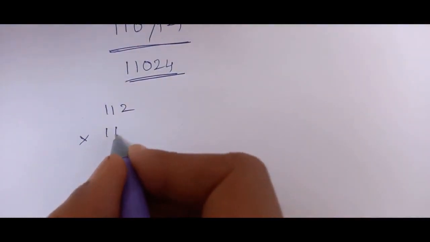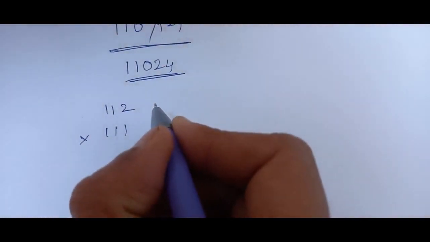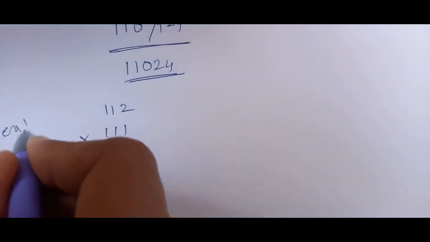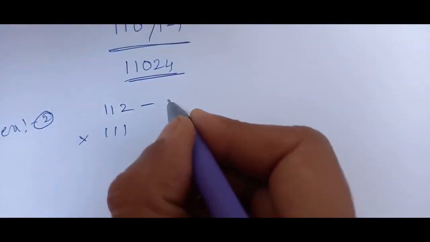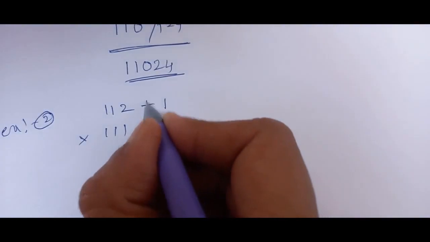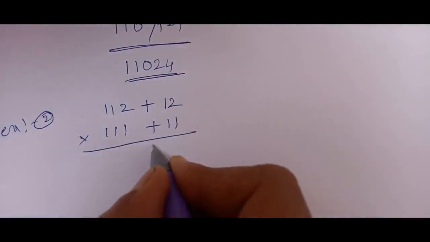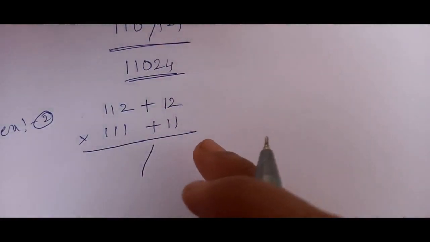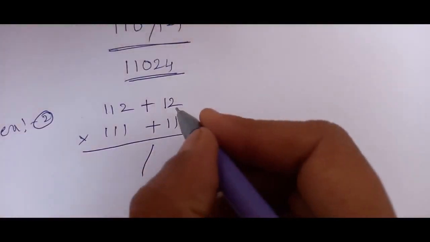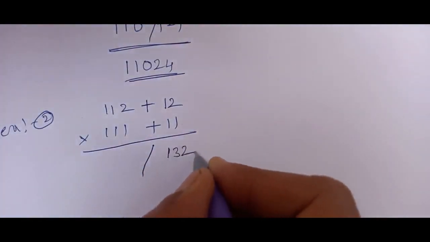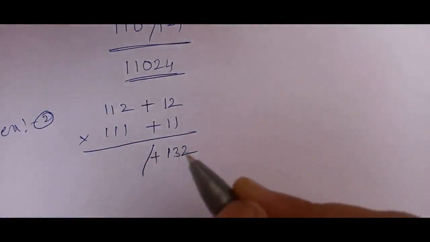112 into 111. 112 is above 100. How much more than 100? It is 12. So write plus 12. Here 111 is 11 more than 100. So write the answer in two parts, RHS part and LHS part. 12 into 11 is 132. Plus into plus, plus.